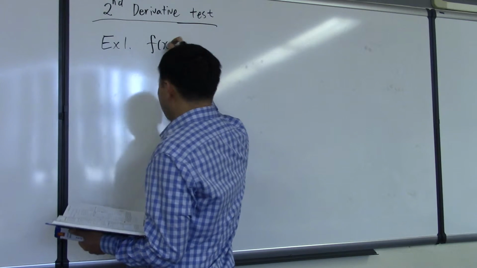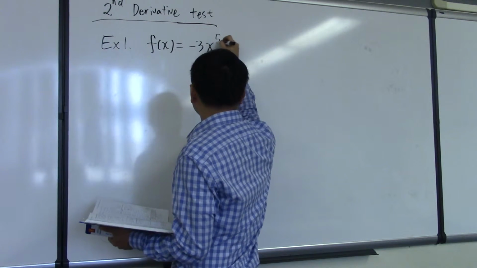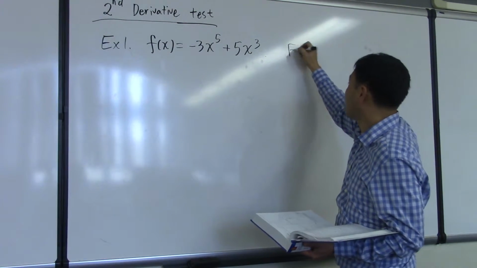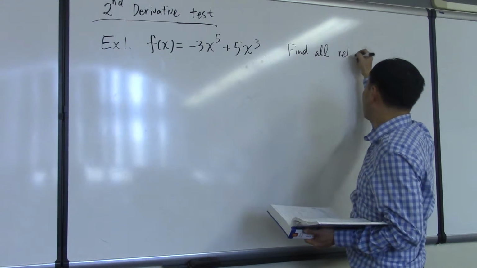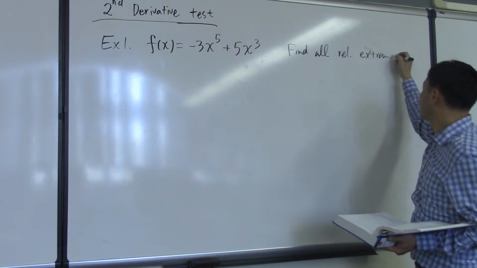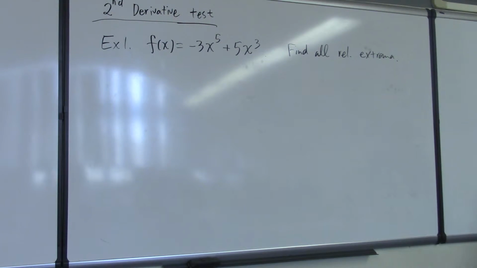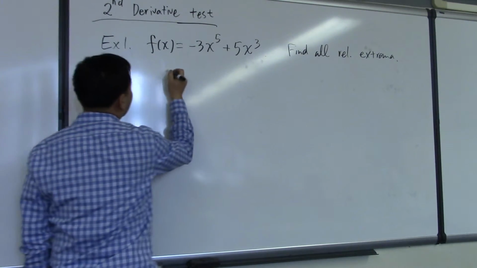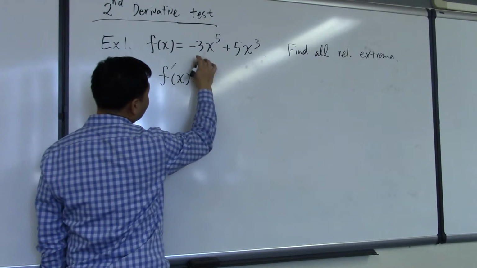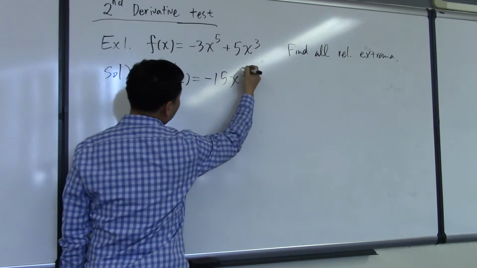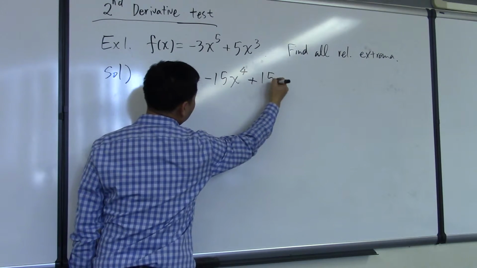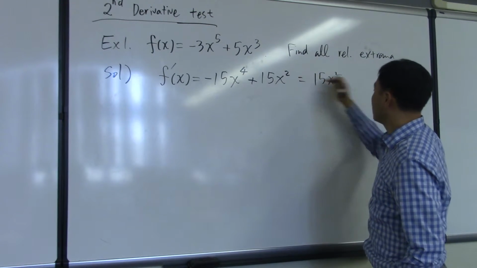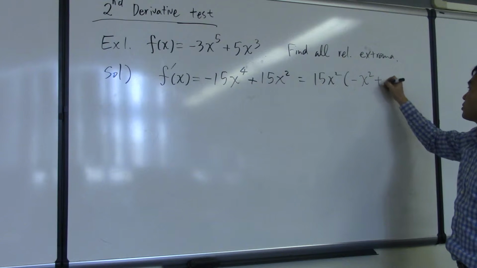1. Let's say f of x equals negative 3x to the 5th plus 5x cubed. Find all relative extrema. Let's try this. Solution. f prime is negative 15x to the 4th plus 15x squared, which factors as 15x squared times (negative x squared plus 1).